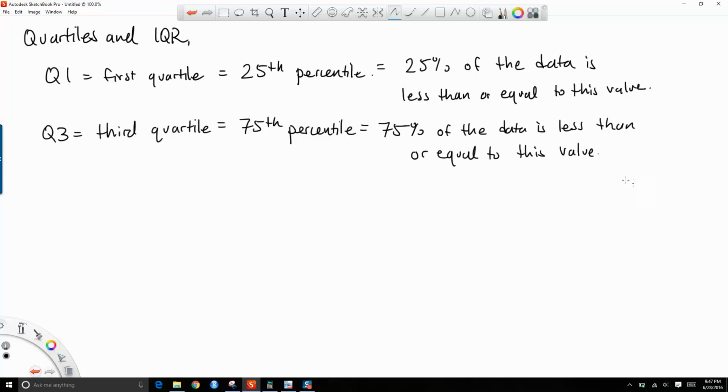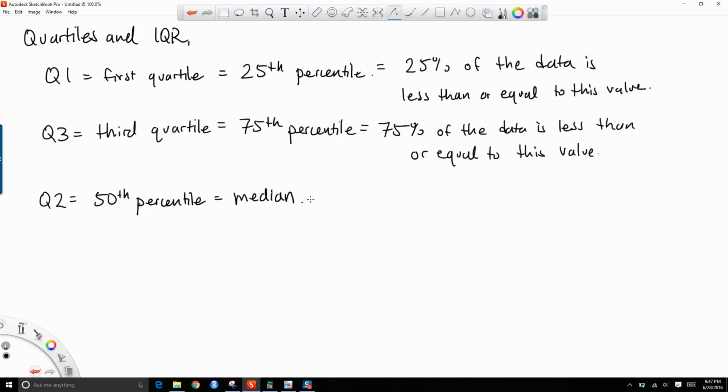Q2 would be what? This is the 50th percentile. We can call it the second quartile, but we'll call it the 50th percentile. And what's another thing we call that? The median. Q2 is the median, right?